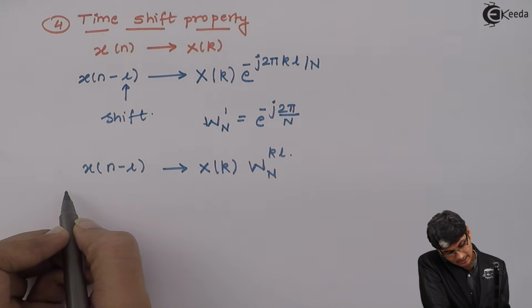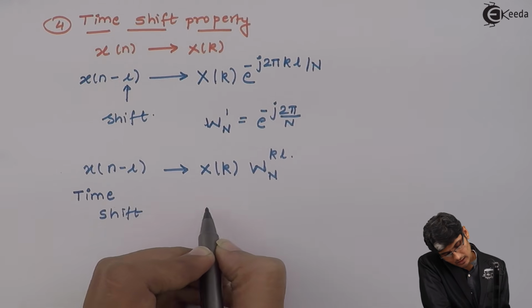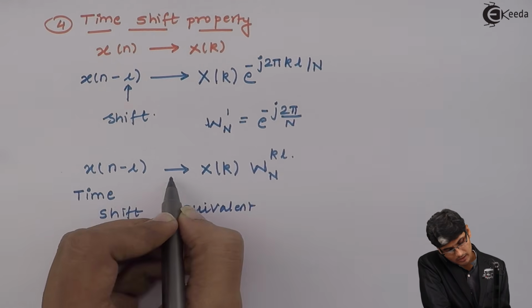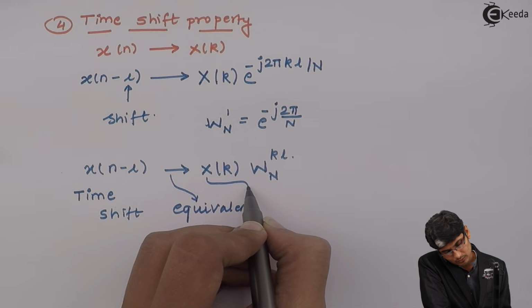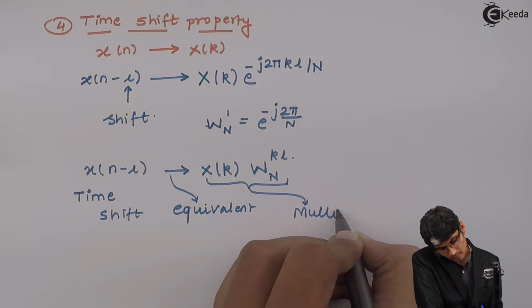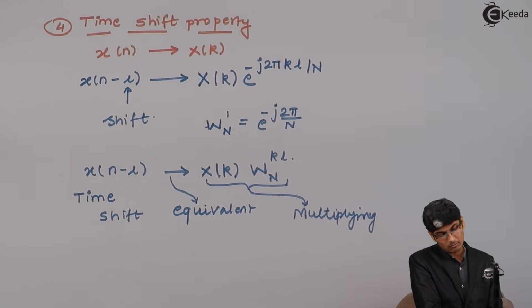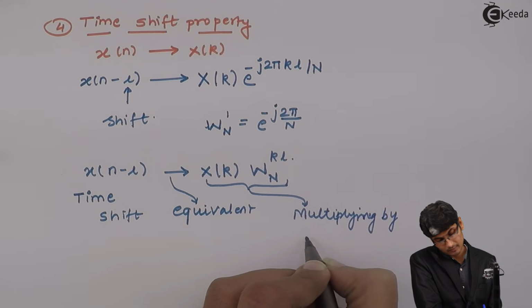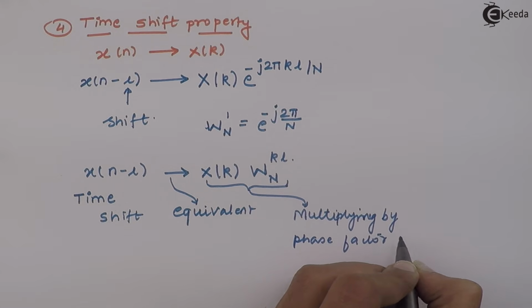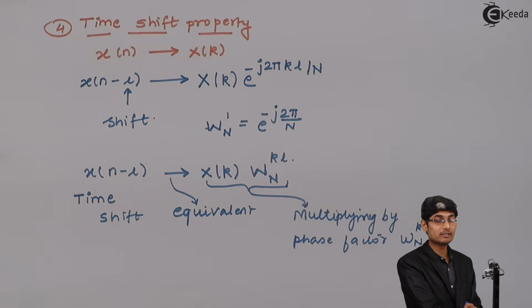So when I say that a time shift is equivalent to multiplying by a phase factor W N raised to kL, we call it like this.